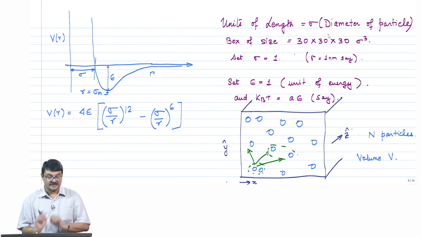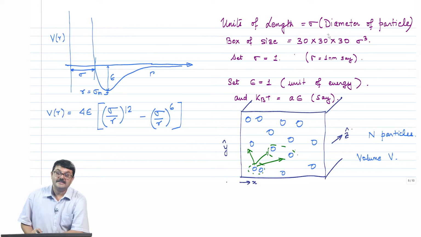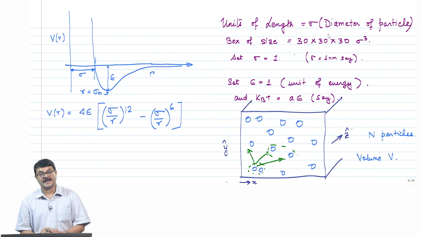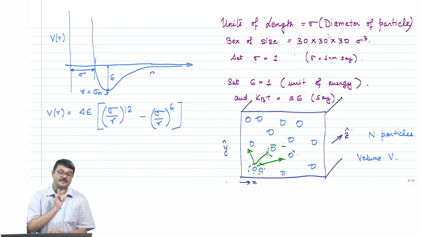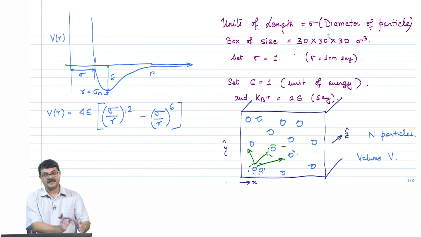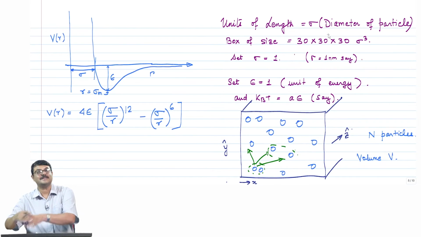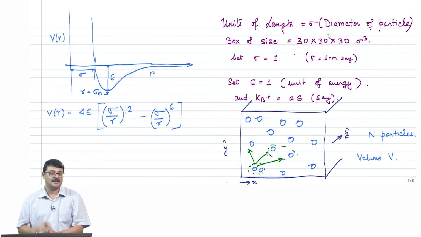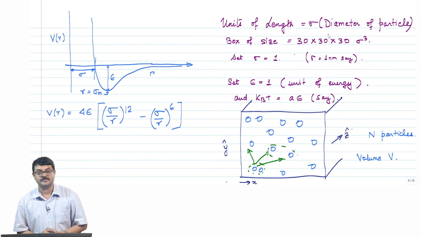So, when they are just touching, and that typically is set as the unit of length in our simulations, which means that you measure all other distances in terms of this value sigma. Okay. So, that is for the Lennard-Jones. If you have a different potential, then you set your units suitably. I mean, here suppose you are modeling argon atoms, then sigma there would be a few angstroms.